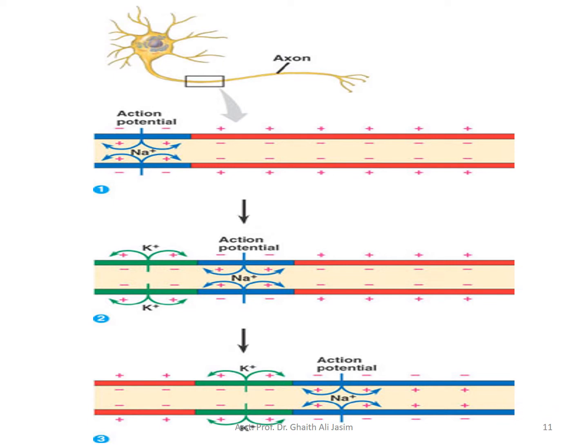So this is an illustration of the axon, and the blue color resembles the generation of the action potential and how it spreads from segment to segment across the length of the axon.